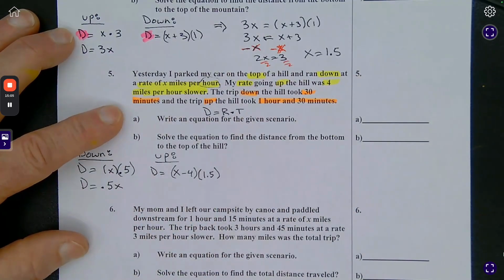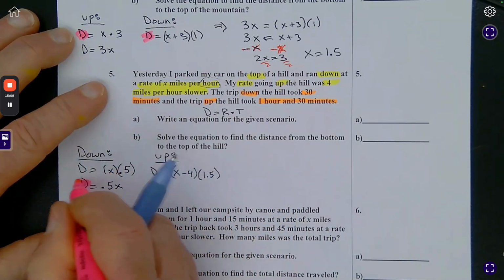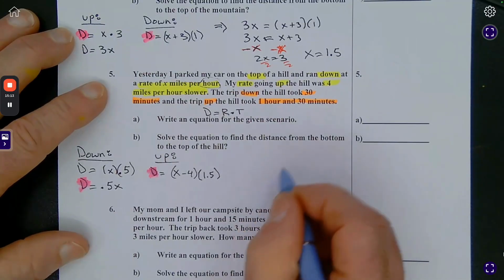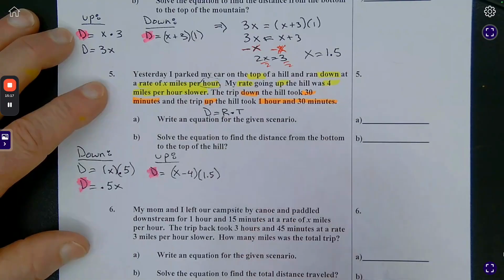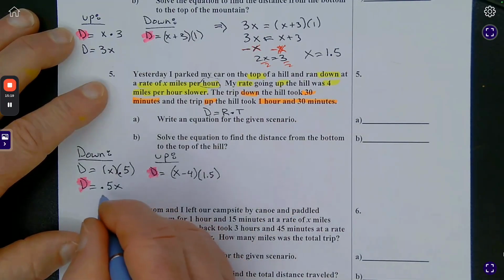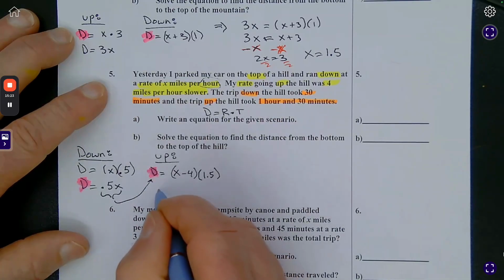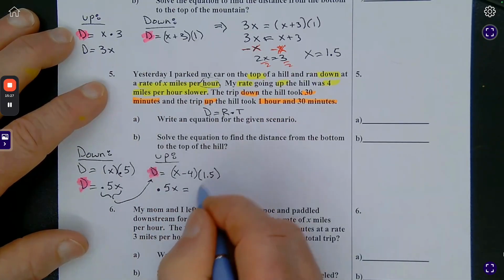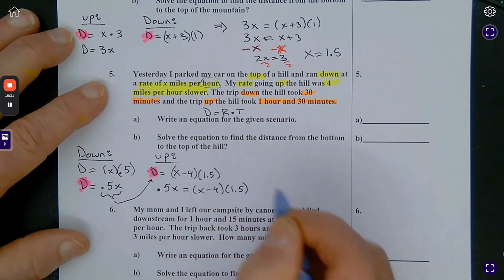Remember, distance up, distance down, this value and this value represent the same number because the distance up the hill and the distance down the hill is the same value. So I can substitute all of this in for that d. So 0.5x equals x minus 4 times 1.5.